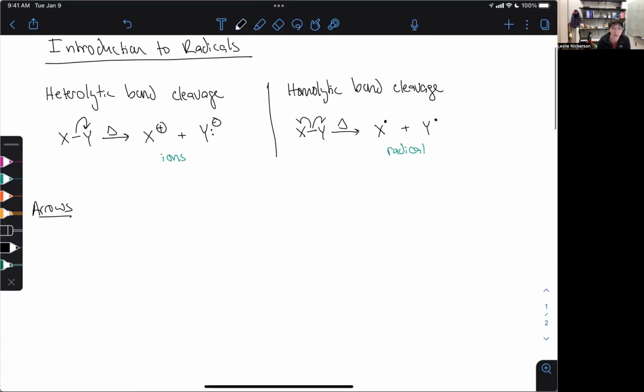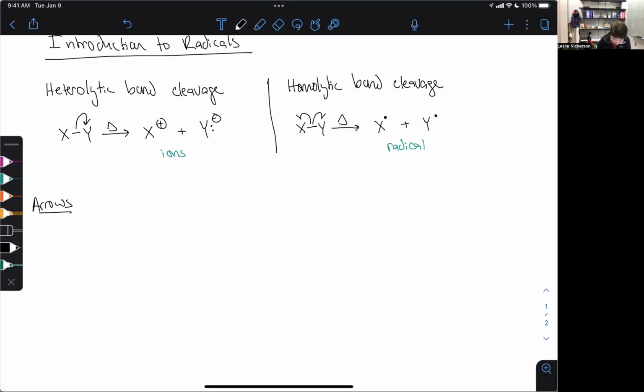The arrows are definitely a big change from what we've seen before. What we've done in the past is use double-headed arrows. Okay, they signify the movement of two electrons, so a pair of electrons each time. Now we're looking at radical arrows.